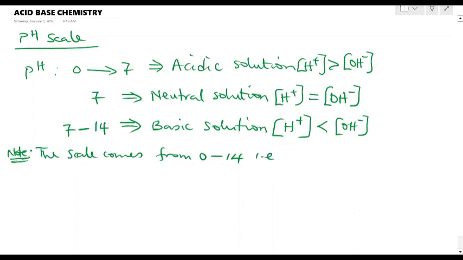And that is actually concentration 10 raised to power minus 7 times concentration 10 raised to power minus 7 is equal to 10 to the power of minus 14. So no matter what they are, whether basic or acidic, they will multiply and equal 10 raised to power minus 14 at what? 25 degrees centigrade.